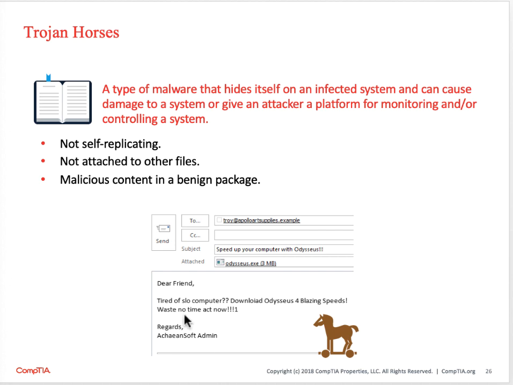This one right here says, "Tired of a slow computer? Download Odysseus 4 for blazing speeds." That was me at 13, with dial-up internet, right? Or 12, or 10, I don't remember how old I was. But I used to download a lot of stuff on the internet, and with dial-up internet, things were very, very slow.